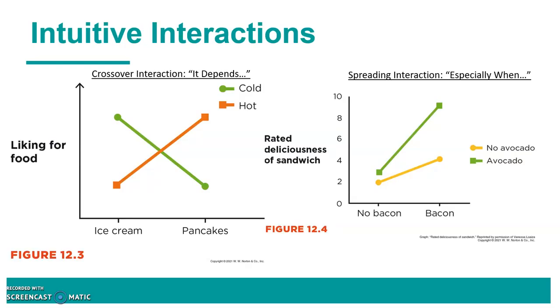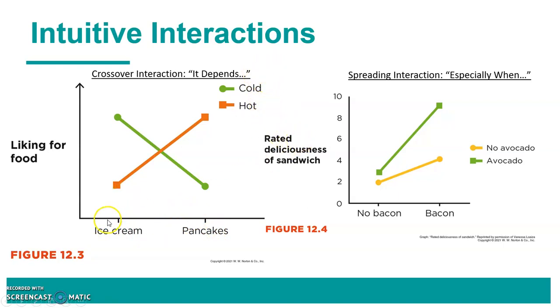So this isn't real data. This is just some intuitive interactions. You have a certain rating of how much you like food, and here's one independent variable, the food type, ice cream and pancakes, and then the other independent variable is temperature. It's got two levels as well, hot and cold.